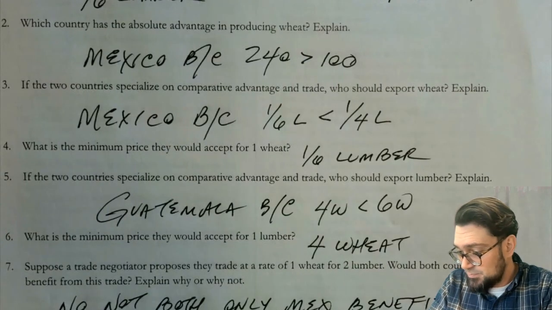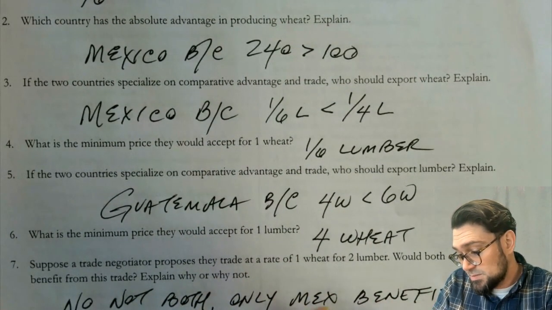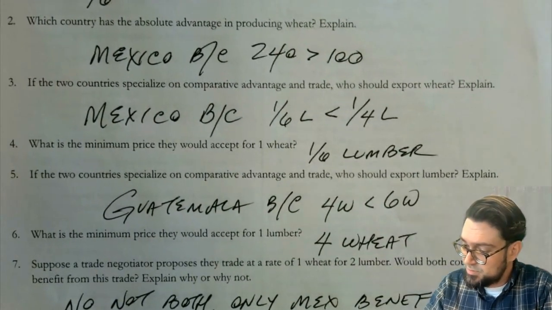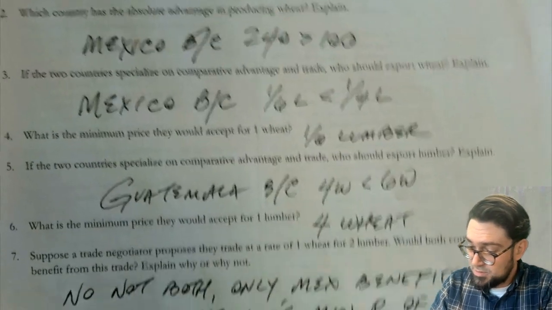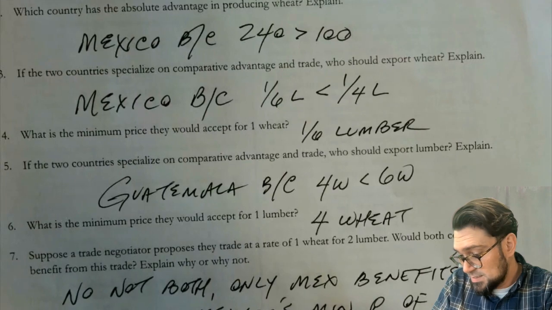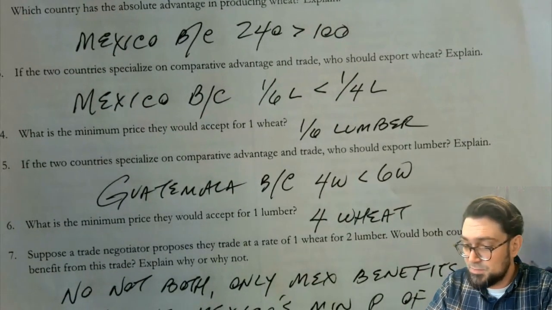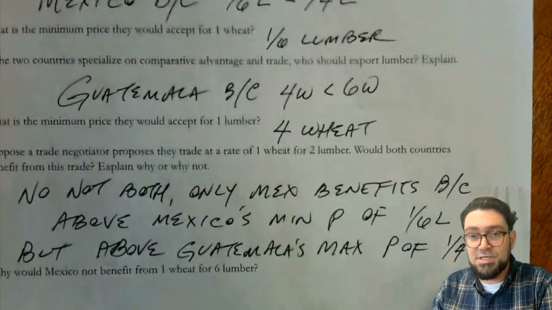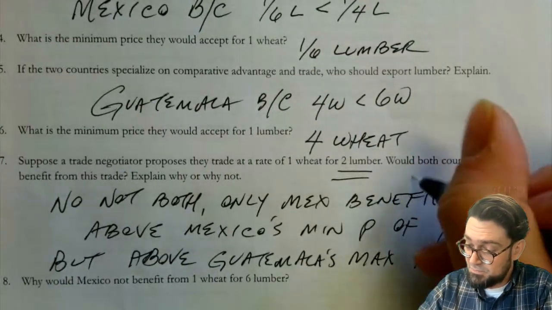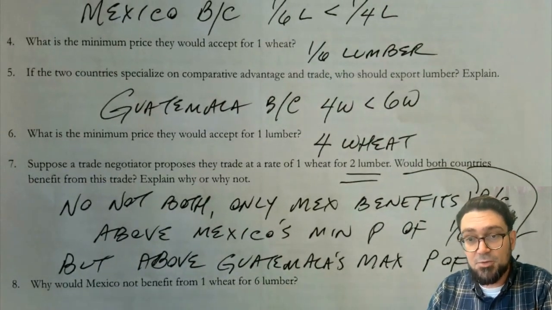Now, the explanation is what matters here, because it's above Mexico's minimum price of 1/6 lumber, but it's also above Guatemala's maximum price of 1/4 lumber. So this offer of 2 lumber is above that 1/6, but unfortunately above Guatemala's maximum price. So we would say only Mexico benefits, but not Guatemala.